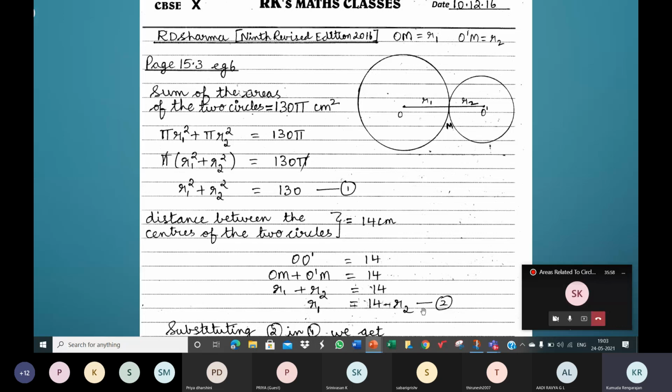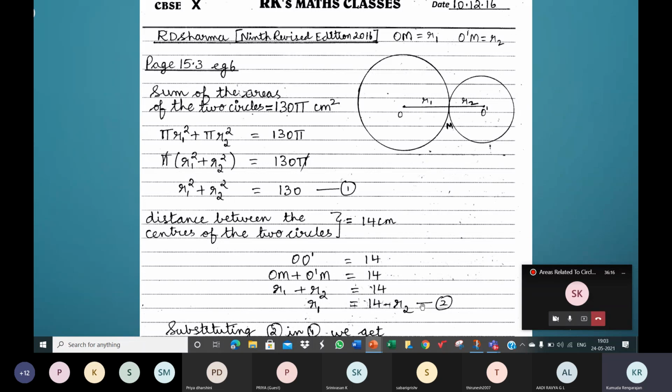Now we are going to solve the 2 equations by the substitution method. You can write R1 is equal to 14 minus R2, or R2 is equal to 14 minus R1, anything. We're going to substitute 2 in 1. We have called these result 1 and result 2.